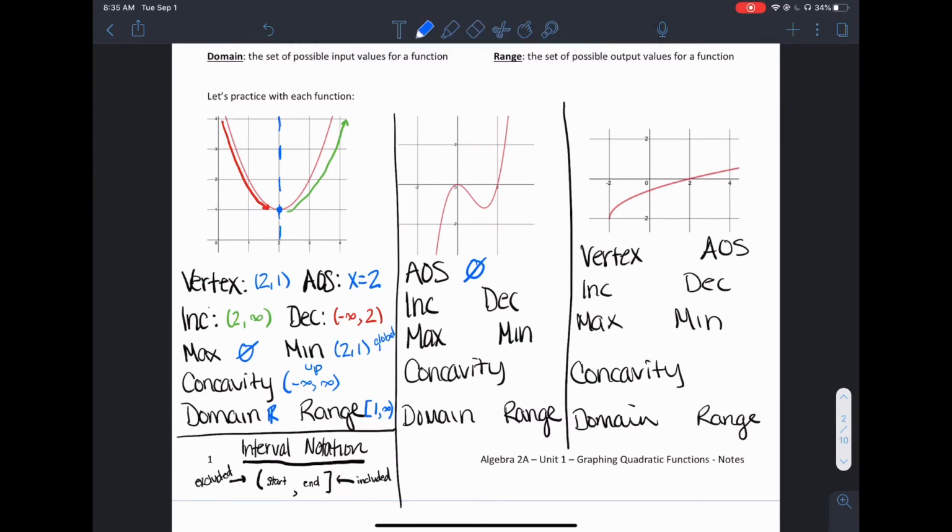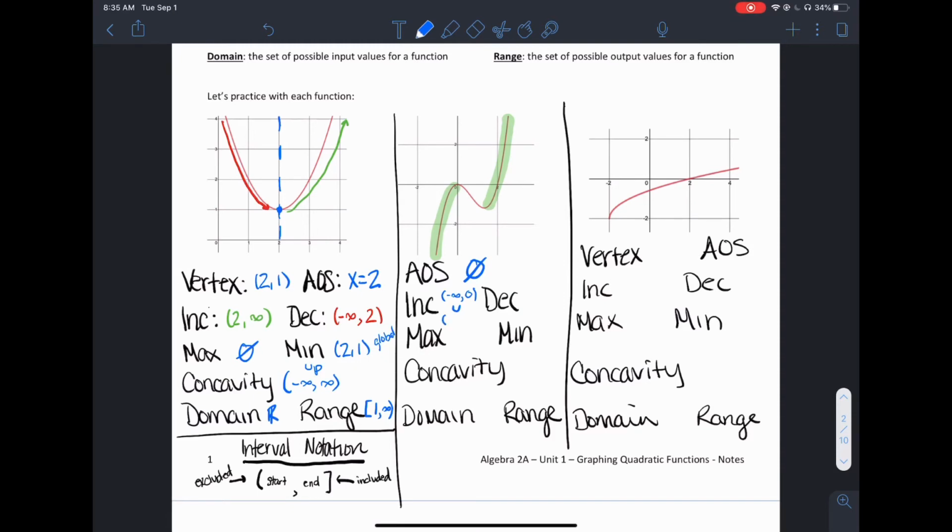But what I really want to point out to you here is that this graph increases here and here, right? It increases twice, and we have to state that. So we would say from negative infinity to 0 it increases. And we use this U, it's called a union symbol, and that means or in math.